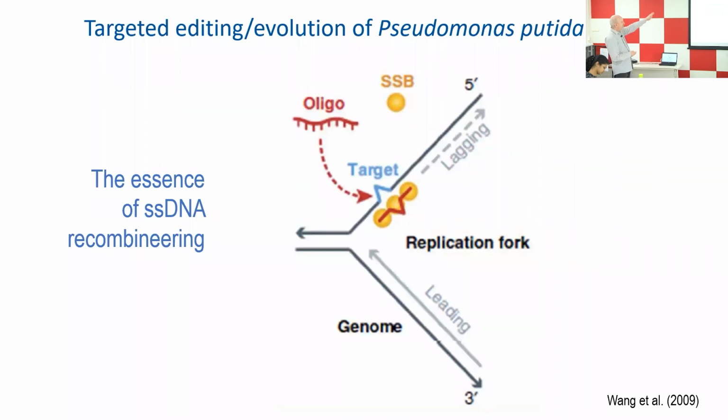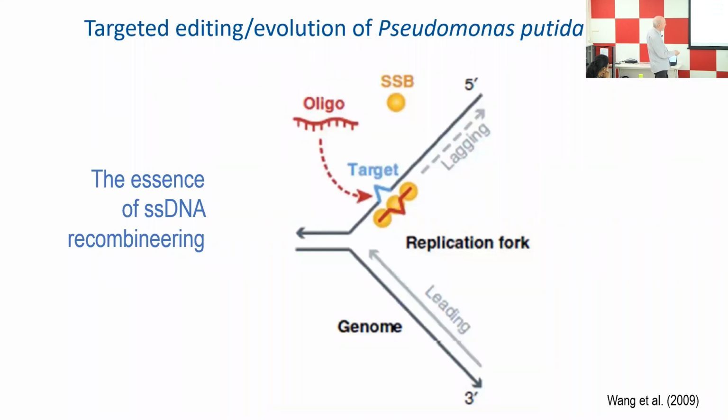I mean, when I put Pseudomonas, forget Pseudomonas, you can put any other biological system, any other bacterium. So if you remember, and if not, I refresh your memory, there's this technology called single-stranded DNA recombination that is about entering in the cells mutagenic oligonucleotides that penetrate, that invade the replication fork, and then are inherited as part of the replication process.